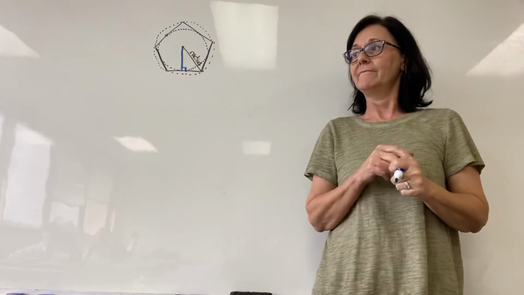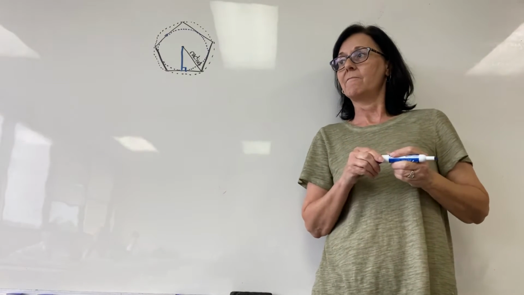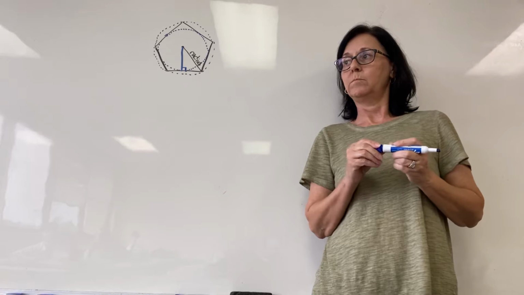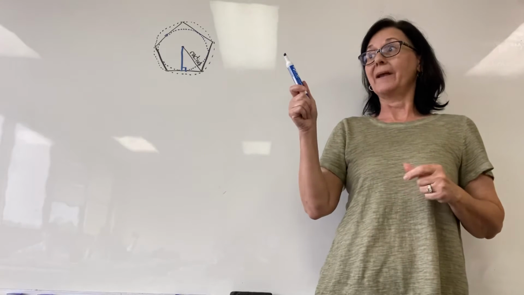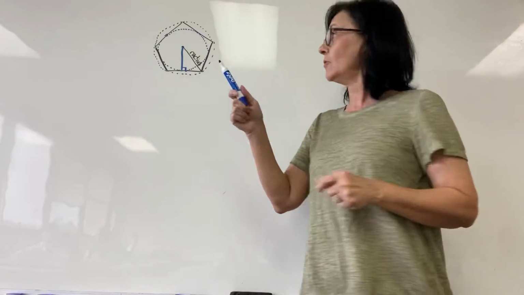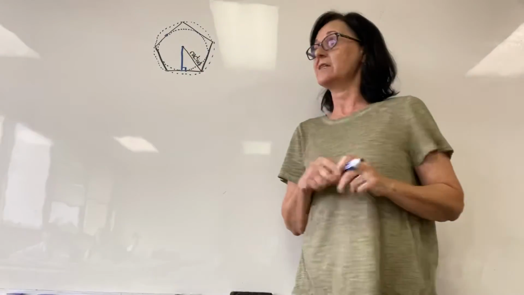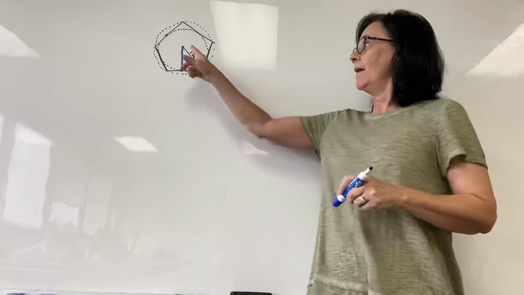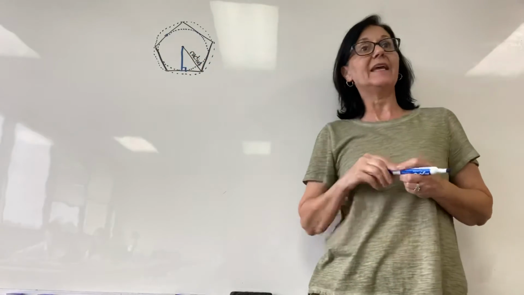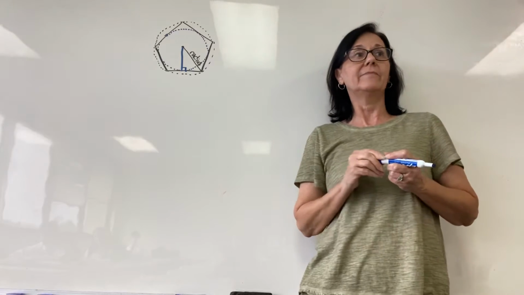Can you just use that to construct the circle? And you can just set your compass to the radius and draw? Well, we're actually not going to do constructions here, but yes, to construct your circle, you set your compass to the radius and go all the way around. And we called this the radius of the incircle, didn't we?